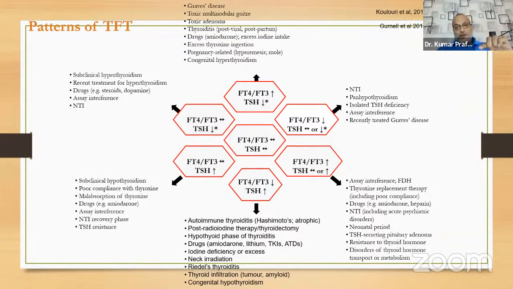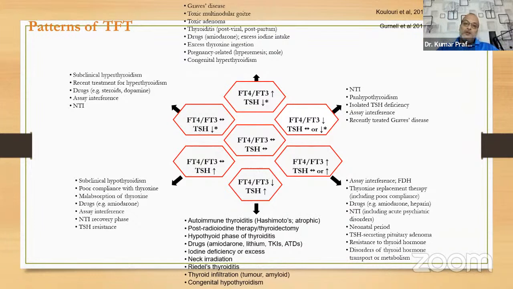Now, when thyroid hormone is within the normal limit with a slight increase or decrease in TSH, we call it subclinical hyperthyroidism or subclinical hypothyroidism. We need to know what the conditions are, and there are certain conditions where these two, thyroid hormone and TSH, go in the same direction.